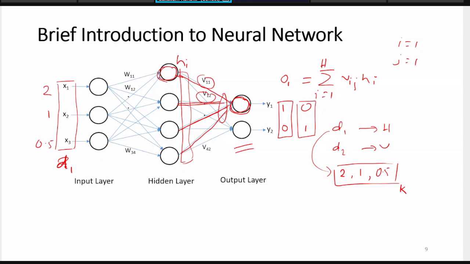So you're projecting to a higher dimension. If you have a smaller number of nodes in the hidden layer, you're reducing the dimension. Depending on the needs of the problem, the user can decide how many nodes to put in the hidden layer.